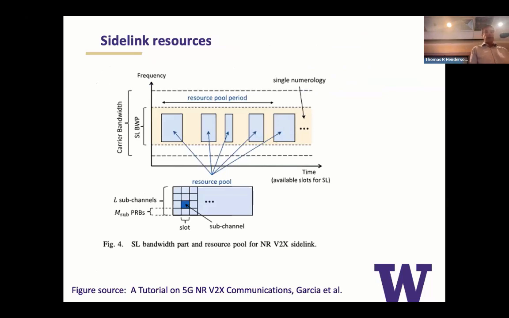All right, let's talk a little bit about sidelink resources. In a New Radio network, the available bandwidth can be split into different bandwidth parts, which may be differently configured. They may have different numerologies associated with them. And within this bandwidth part, there's a capability for sidelink to define what's called a resource pool.